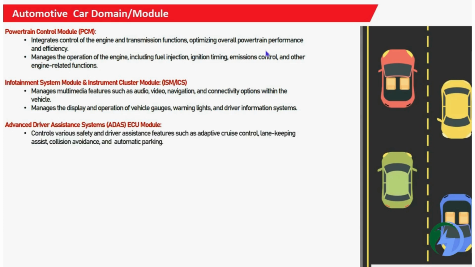To control these various safety and driving assistance features, some functionalities are needed for the vehicle, like adaptive cruise control, lane keeping assist, collision avoidance, and automatic car parking. These are some features that should be integrated and added to the car.